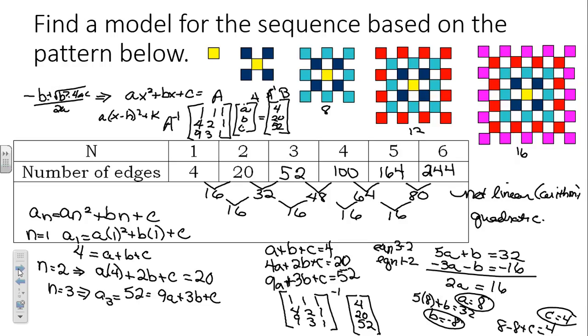Okay? Make sense? So those of you who did the graphing calculator, did you get 8, negative 8, and 4? Okay. So our final answer then is A sub n is 8n squared minus 8n plus 4.